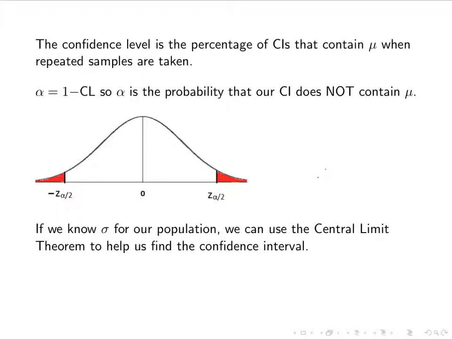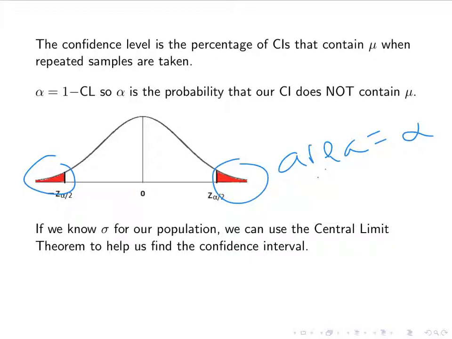We start by finding z sub alpha over 2. So we want our two tails area to be alpha. By definition, in each tail, we want it to be alpha over 2 because we know it's going to be symmetric. So we're looking for z sub alpha over 2.